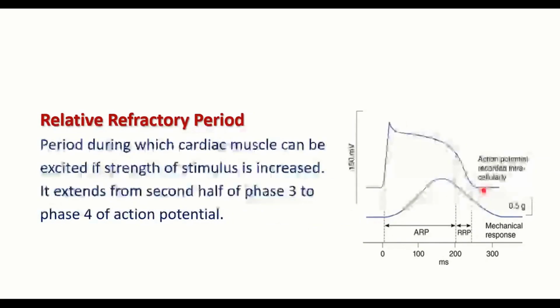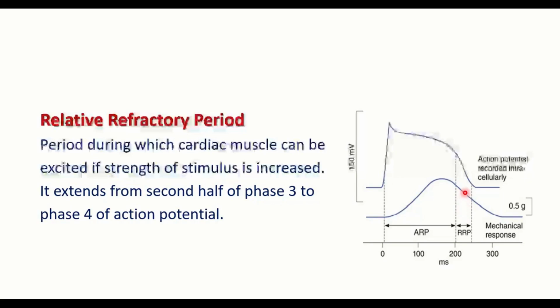Now what is relative refractory period? It is the period during which cardiac muscle can be excited if the strength of the stimulus is increased, and it extends from the second half of phase 3 to phase 4 of the action potential and the lower 2/3 of the relaxation. So this is the relative refractory period.